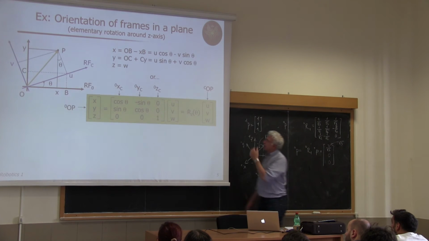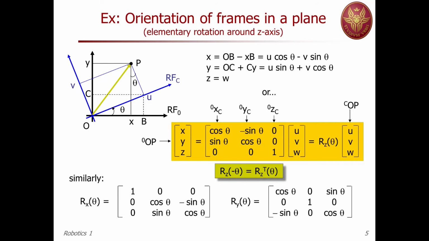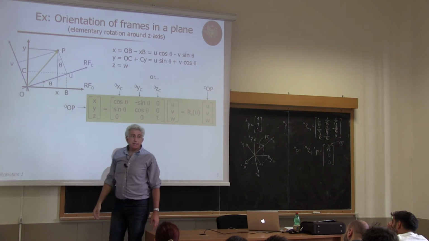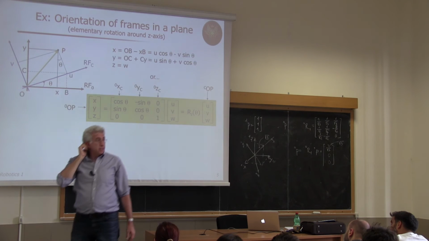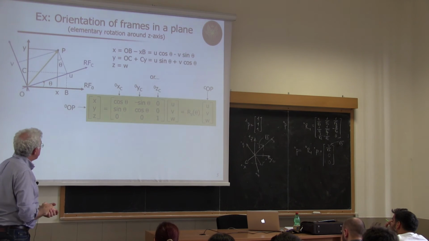And then I see that if I take the components of this vector in frame C, so what I would have called 0p or just p expressed in C, the three numbers u, v, w, looking at this, I can multiply it by this matrix and obtain what is on the left, x, y, z, which is nothing else than the coordinates of p when expressed in frame 0.